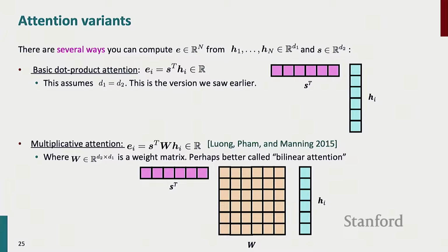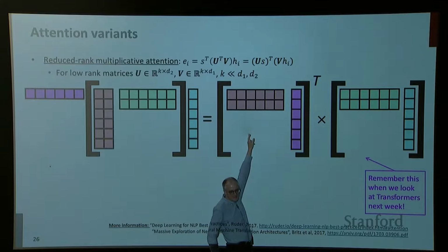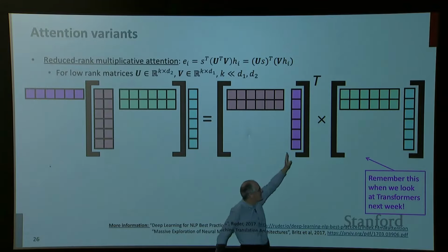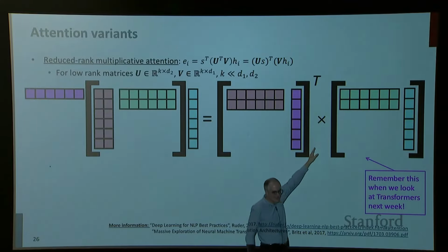But at that point, if you just do a teeny bit of linear algebra, this computation is exactly the same as saying, well, what I'm going to do is take each of these two vectors and project them to a lower dimensional space using this low-rank transformation matrix, and then take the dot product in this low-dimensional space.